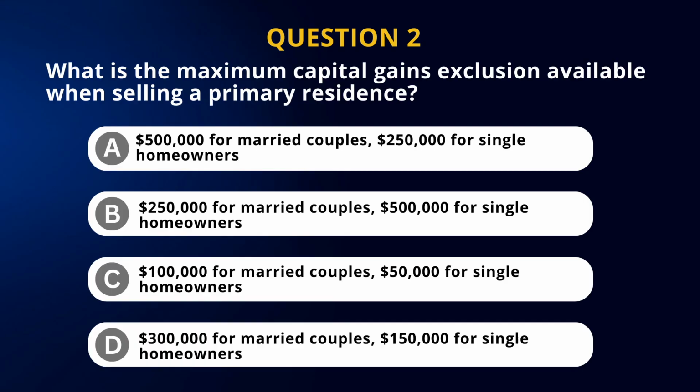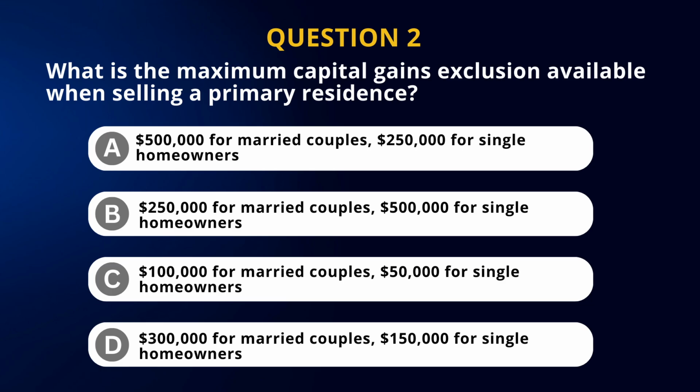Question number 2. What is the maximum capital gains exclusion available when selling a primary residence? Letter A, $500,000 for married couples, $250,000 for single homeowners. Letter B, $250,000 for married couples, $500,000 for single homeowners.